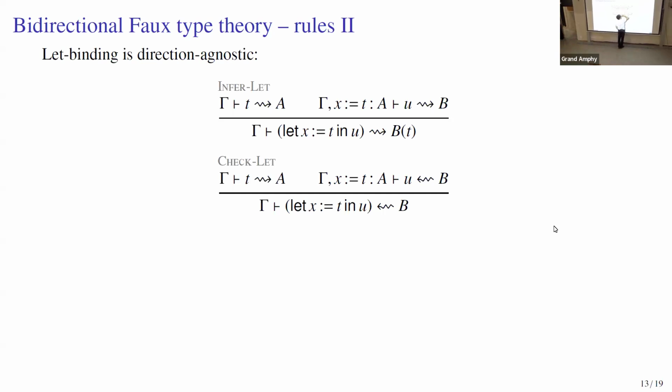Stick things into the context. And because they want me to infer, I will infer the type of U, and it's going to be some B that can mention X. And then, oh, wrong notation for substitution. It should be B with T replaced by X. And then checking is very similar, except now the type goes in.